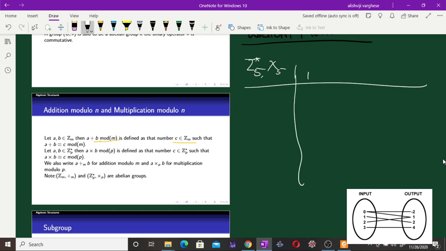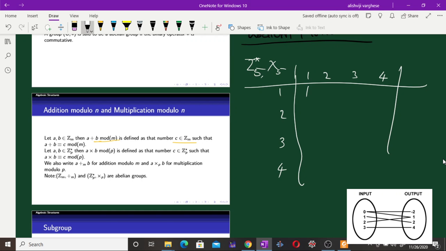So what we have is 1, 2, 3, and 4. Z5 has elements 0, 1, 2, 3, 4, and Z5 star has elements 1, 2, 3, and 4. It has only n minus 1, or 5 minus 1 equal to 4, elements.